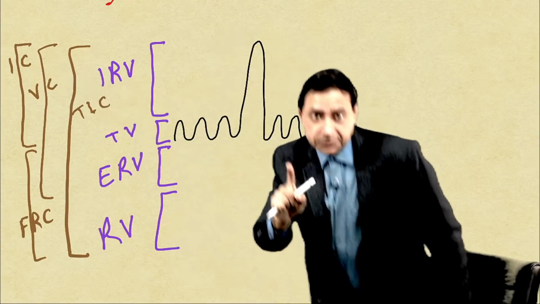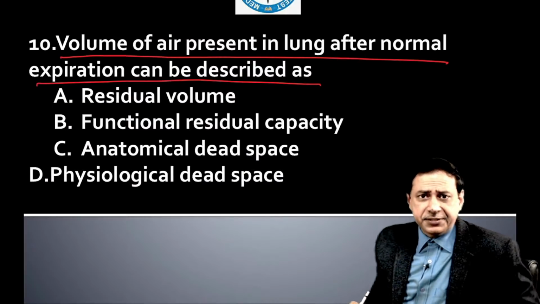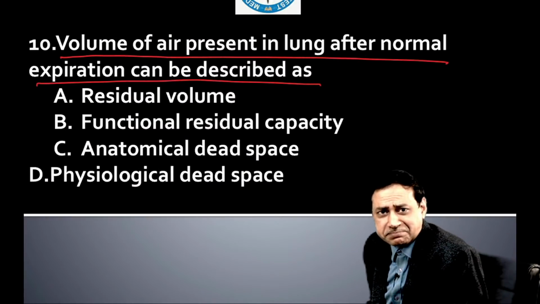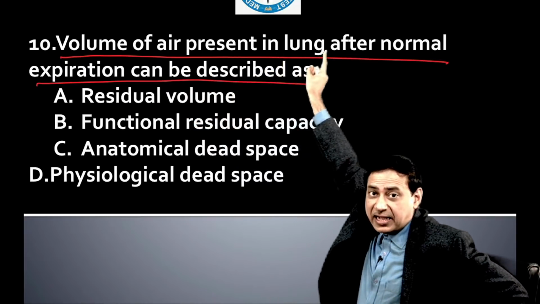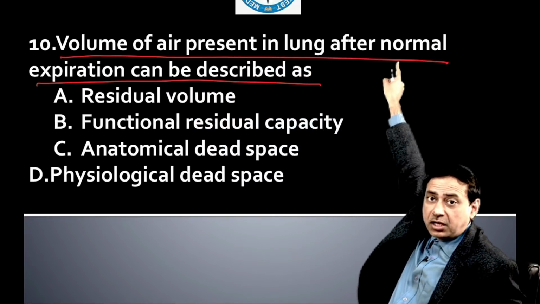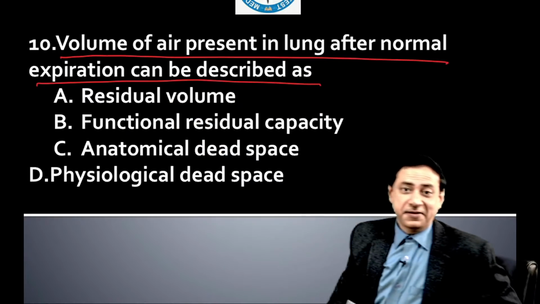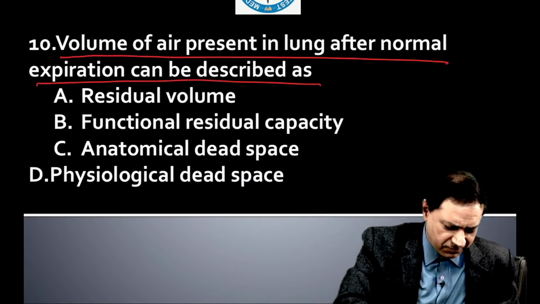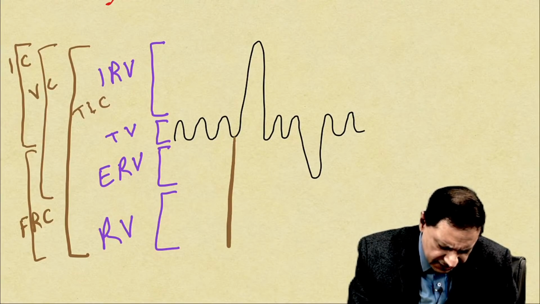So what is the question? Again read the question carefully. The volume of air present in the lung after normal expiration. After normal expiration, here. The volume present in the lung here. So what is this?